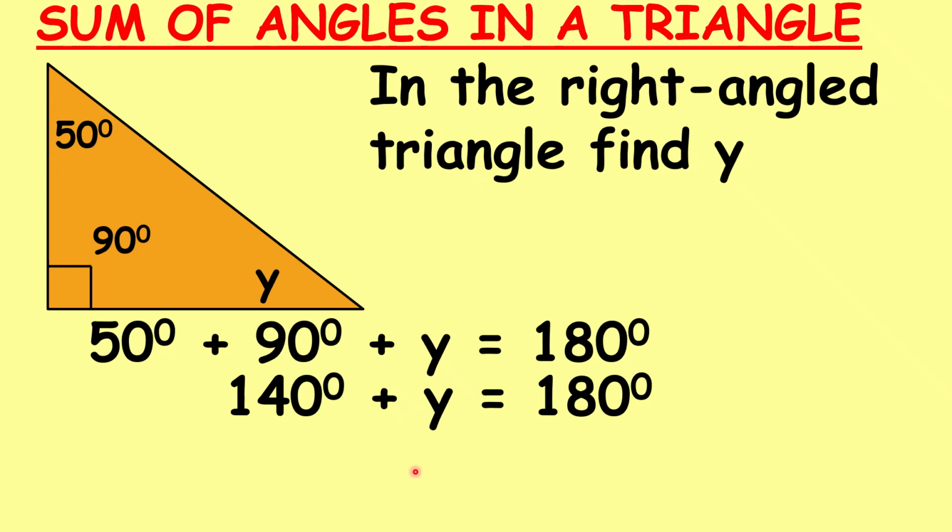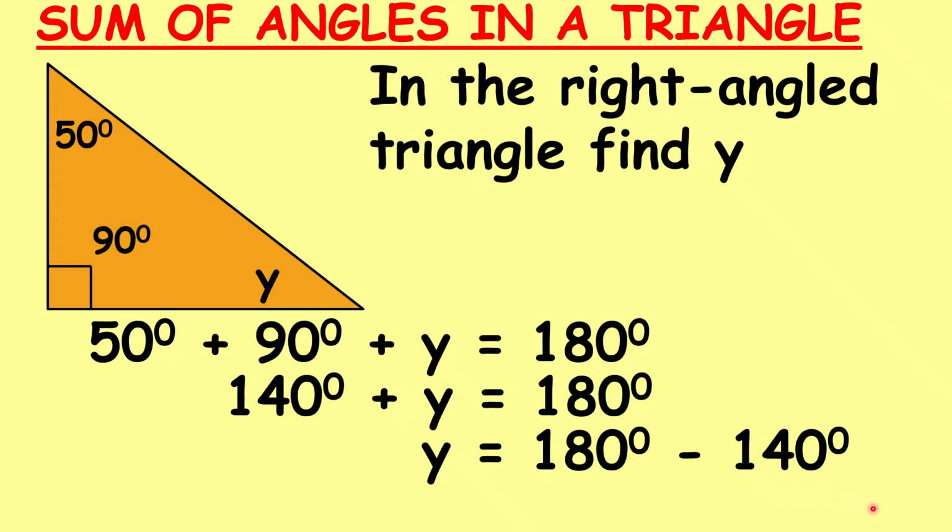So solving for y will be 180 degrees minus 140 degrees, which gives us y as 40 degrees. So the value of y here is 40 degrees. And if we add 40 degrees to 90 degrees, you have 130 degrees, and 130 degrees to 50 degrees, you have 180 degrees.